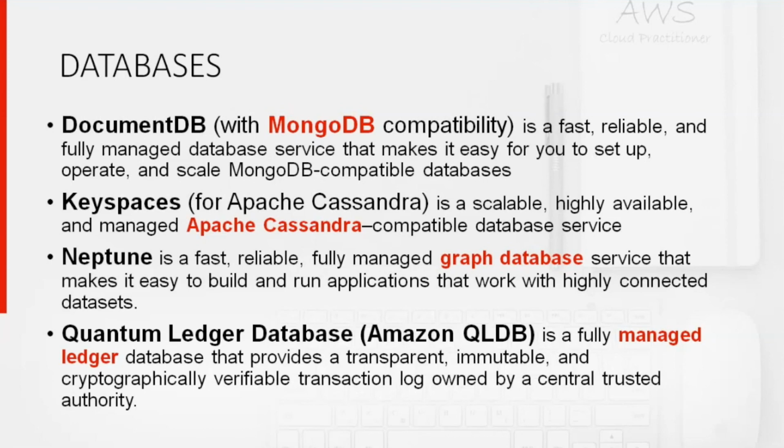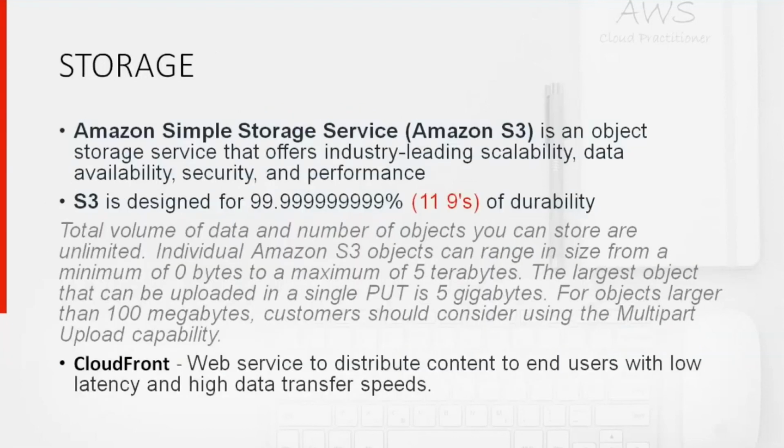Neptune is a fast, reliable, fully managed graph database service that makes it easy to build and run applications that work with highly connected datasets. Amazon Quantum Ledger Database, QLDB, is a fully managed ledger database that provides a transparent, immutable, and cryptographically verifiable transaction log owned by a central trusted authority.